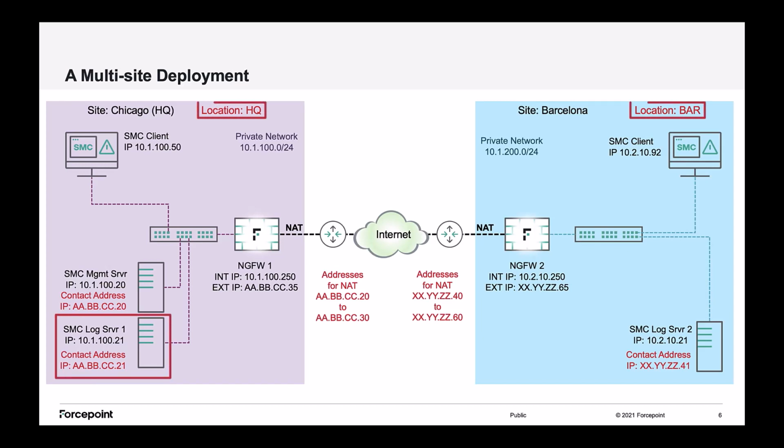As before, the locations are checked, and the devices are recognized as being from different locations, so the contact address identified for the Chicago log server will be used. The traffic is thus sent to the NAT address for the Chicago log server. It reaches the Chicago firewall first, which performs NAT and delivers the traffic to the internal IP address of the log server.